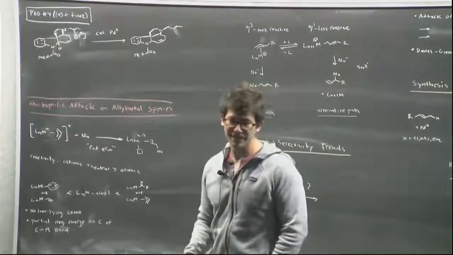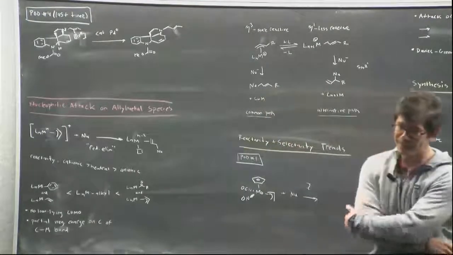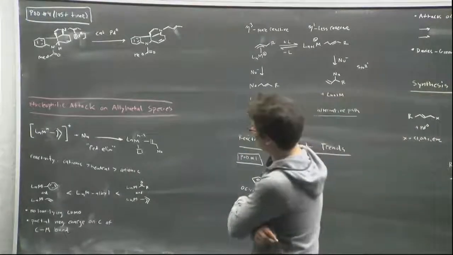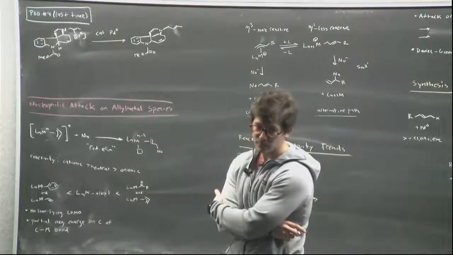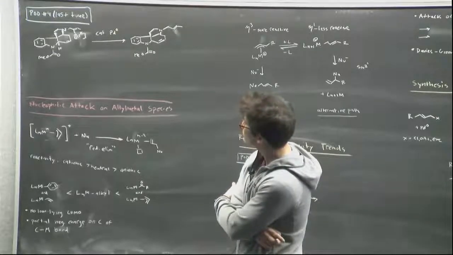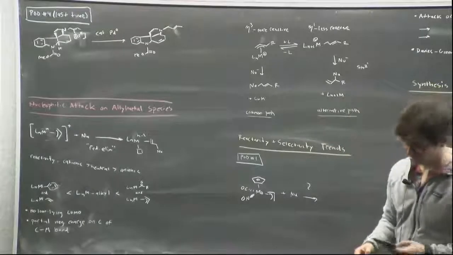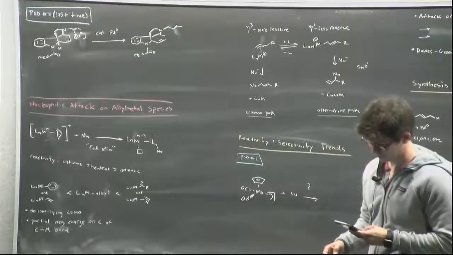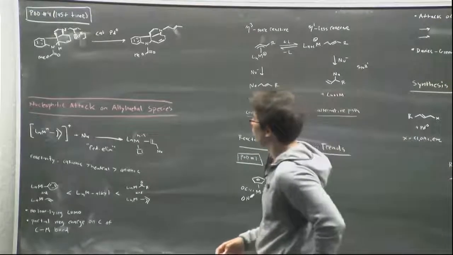Zhang, what do you think? I had an idea. Maybe the carbamate is participating. Okay, I like that idea. It's like the palladium's on top and the carbamate's on the bottom. So maybe there's some participation where it assists the reductive elimination of that final group onto that desired carbon.